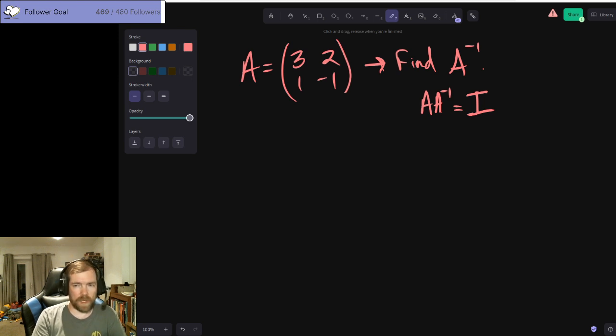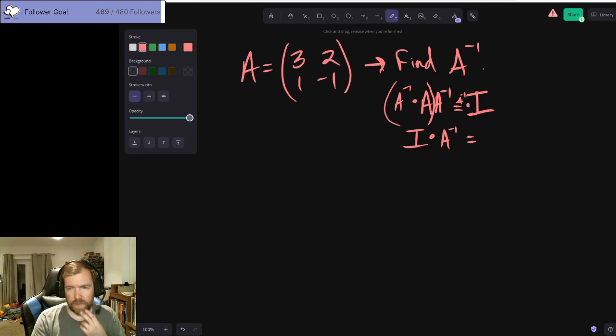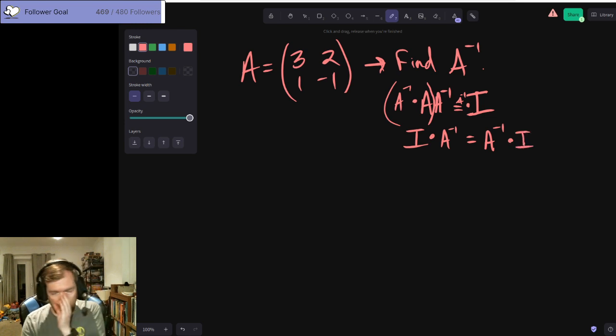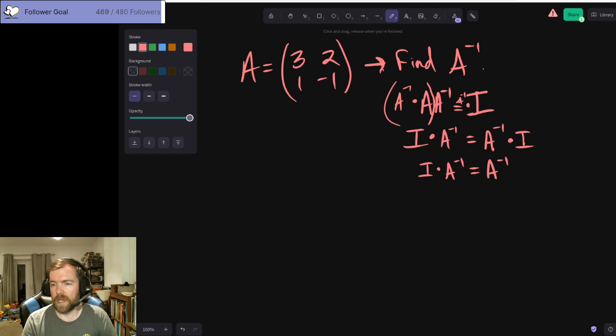So if we multiply by A inverse on the left specifically, that will cause this stuff to become I, inverse is equal to A inverse I. Or just I times A inverse is equal to A inverse.